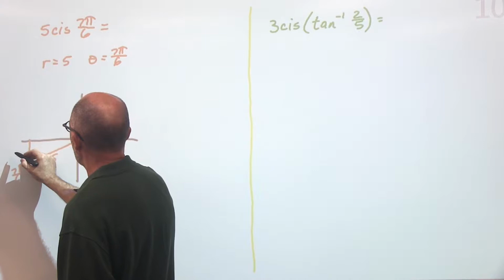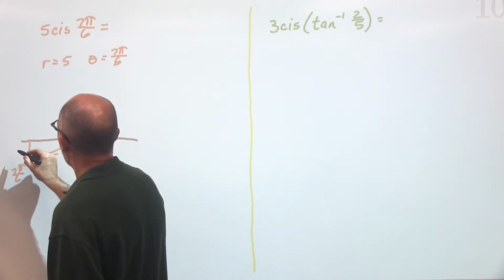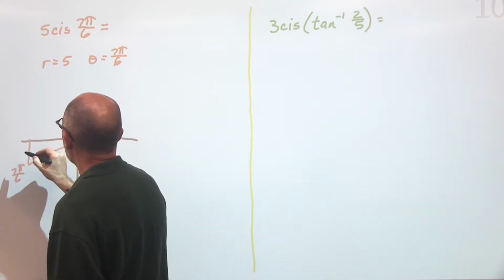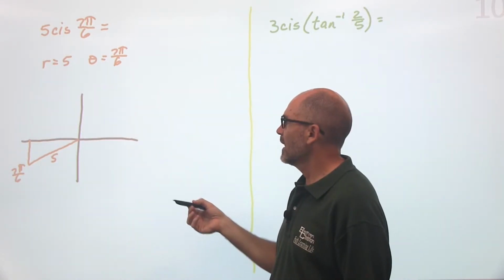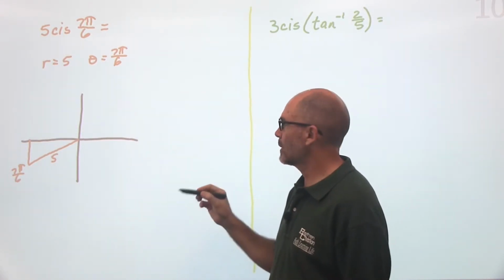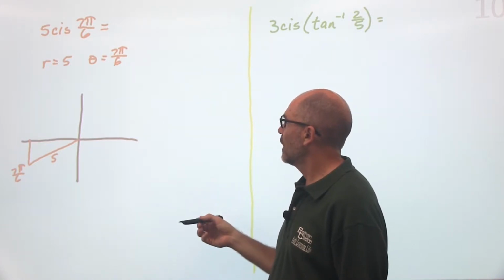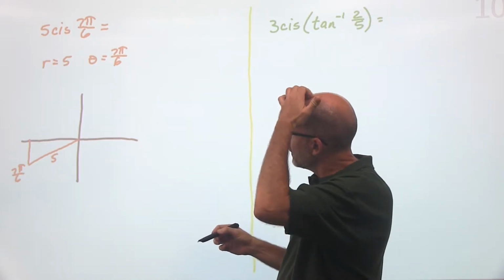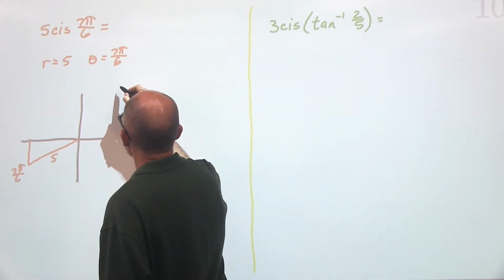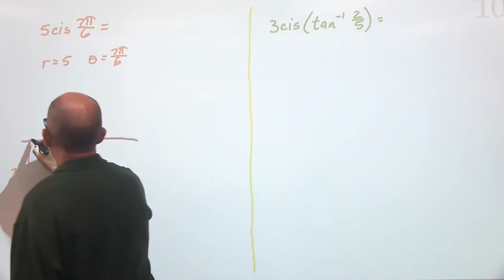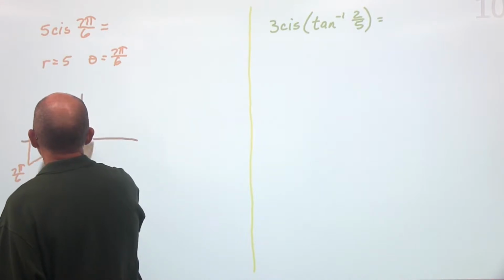So that makes that 2.5, or 5 halves. And then the long leg is the square root of 3 times the short side, so it's 5 square root of 3 over 2.